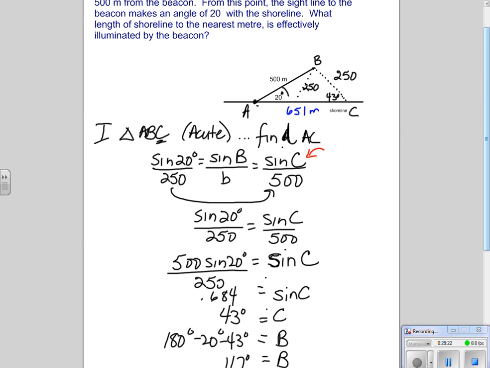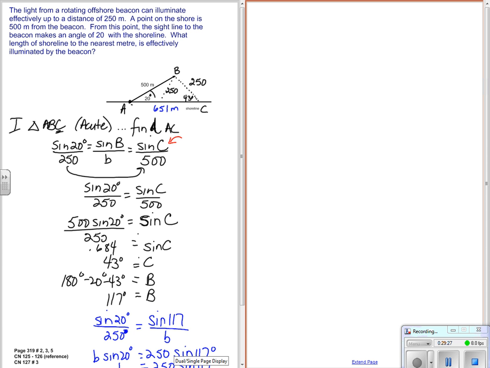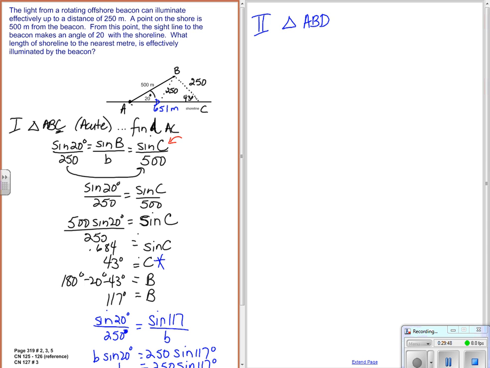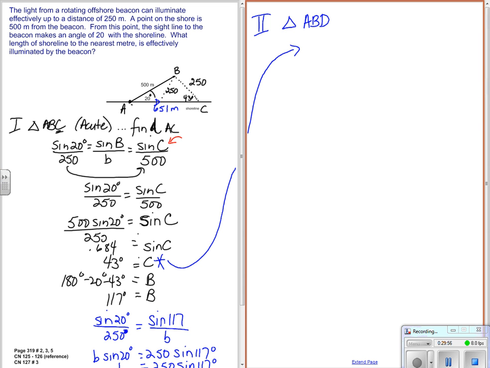So on my diagram, this whole length AC is 651 meters. I am going to do the other possibility, and I'm going to put a little d here. My obtuse solution, which is the second solution, I am looking to solve triangle ABD. I don't have to start writing with my ratio. I just know that at this point, my numbers are going to be different. So my second solution can kind of start halfway down. Angle C in the second possibility, triangle ABD, is not a C anymore, it's a D, isn't it? I changed the letter.